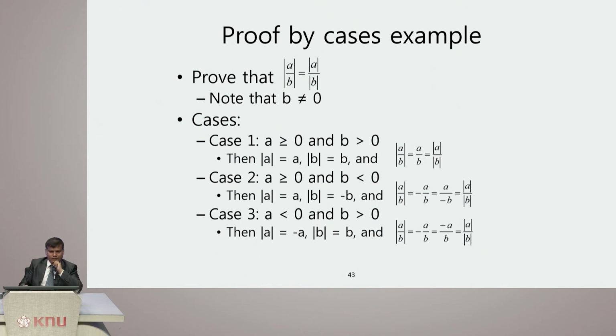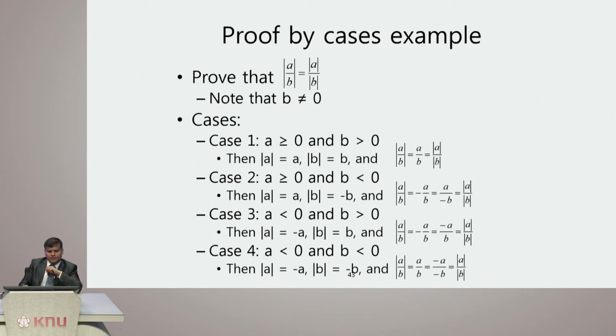So this is case 3. Now case 4, where both a and b are less than 0, in other words both are negative. Again in that case the absolute value of a equals minus a, the absolute value of b equals minus b, and the absolute value of a by b equals a by b, which equals minus a by minus b, that equals the absolute value of a by the absolute value of b.